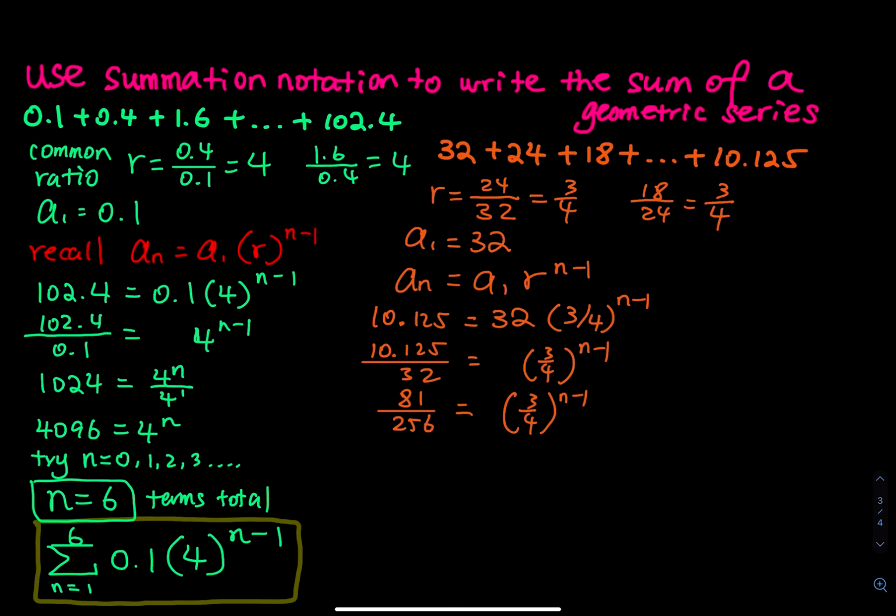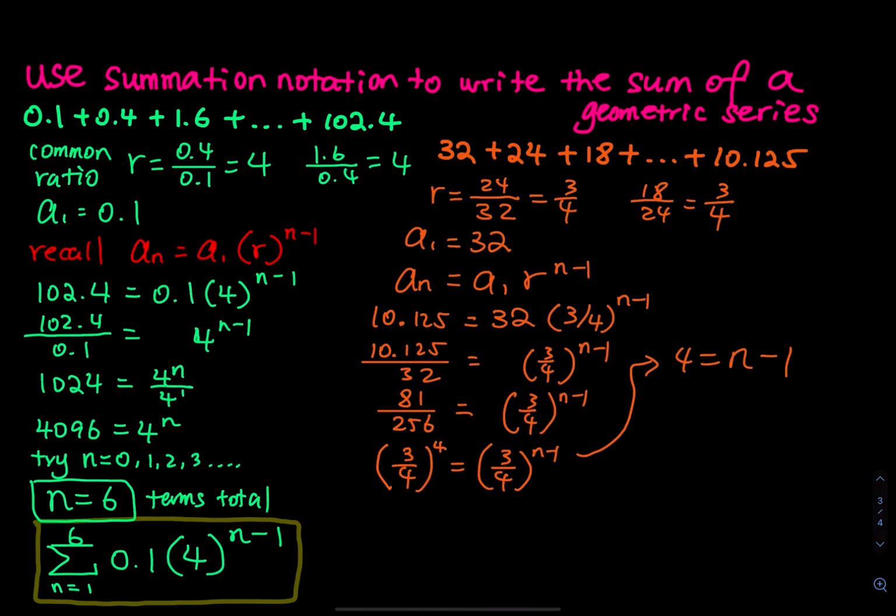The numbers are so nice because 81/256 is 3/4 raised to the 4th power, and on the other side you also have the same base and then n minus 1. So as a result, you have 4 equals n minus 1, and then n is equal to 5 terms.